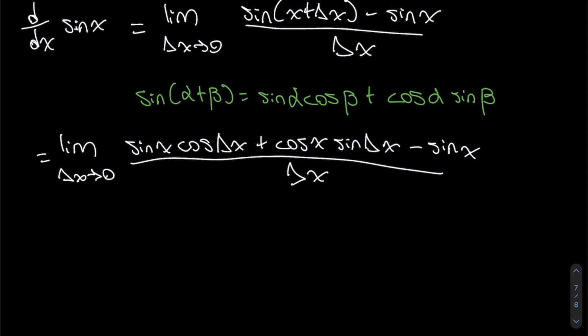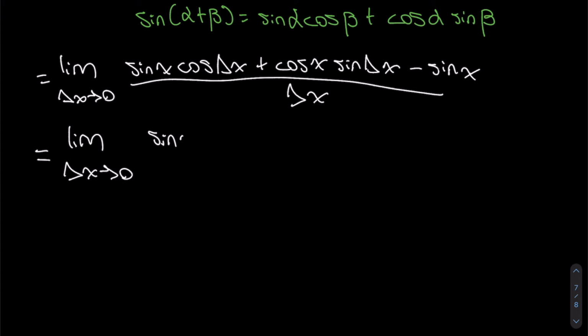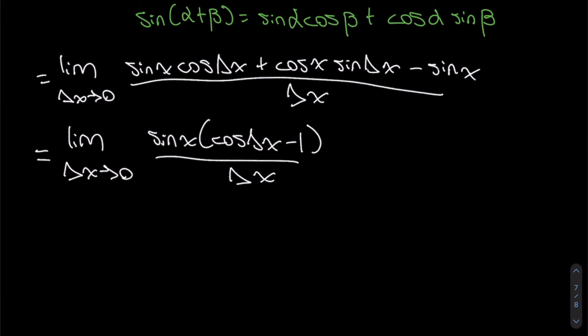Okay, so let's collect some like terms here. So if we look at this term and this term, I can actually factor out a sine x. So I'm going to factor out sine x out of those two terms. And I'm going to separate them also.